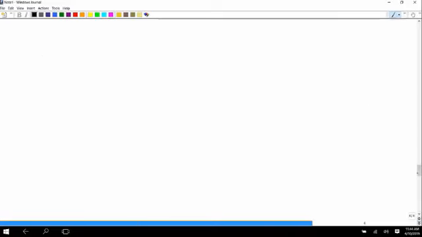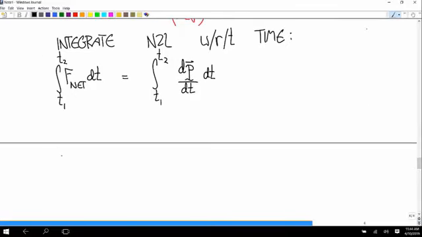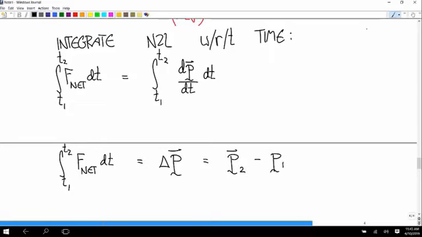And then you can rewrite that as the integral from t1 to t2 of F net dt is equal to the change in the momentum over that time interval, or you can also think of that as the momentum at time 2 minus the momentum at time 1.